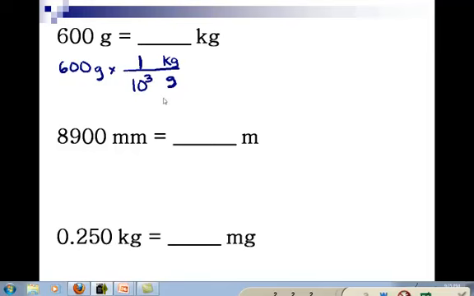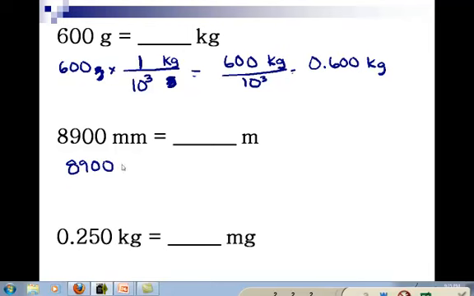Go back to your paper and look at it. So this becomes 600, my grams cancel out, 600 kilograms divided by 10 to the third. And it becomes, if I divide 600 by 1,000, it becomes 0.600 kilograms.